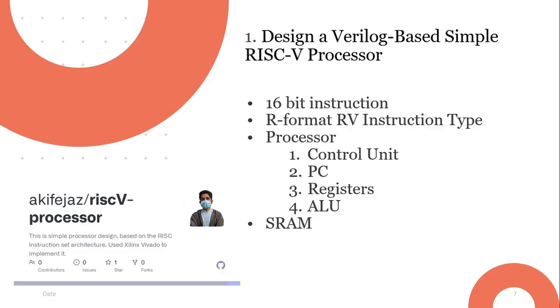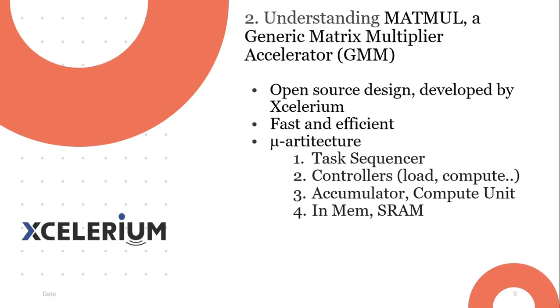If we talk about the architecture of Matmel, these are some of the important things they have used in their design. The task sequencer is used to control the tasks: which task is at what stage, when we have to read the next task and when we have to write the previous task. There was also the RAM part, where they store temporary and permanent data.